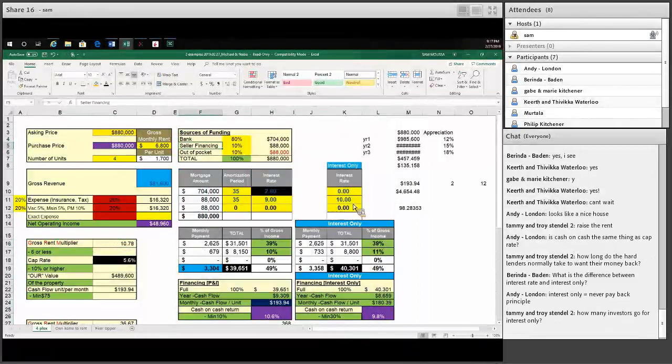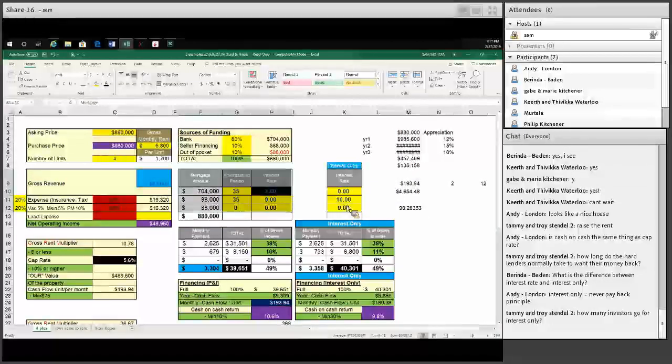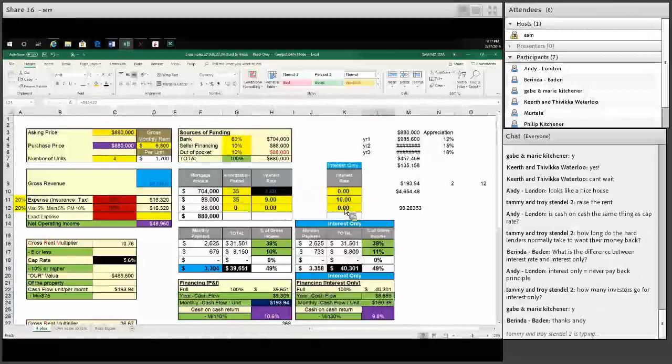So the difference between the interest rate for interest only and interest and principal. This is a normal style mortgage, interest and principal. This is interest only. Everybody see that? So this is interest only loans, and this is interest and principal. If you don't put anything in here, it automatically assumes you're doing a regular mortgage.